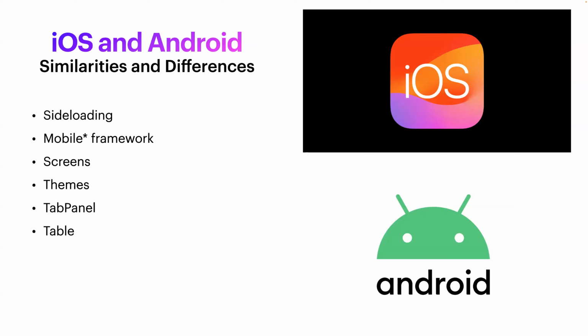But we do have a plan to come up with a more generic table that will work the same across iOS and Android. And then we'll keep around the more platform specific ones for when some particular feature is needed there that we can't implement in a shared one. But for now, they are distinct controls.